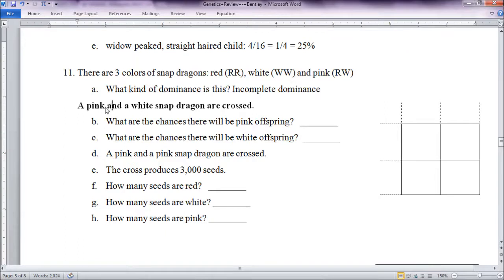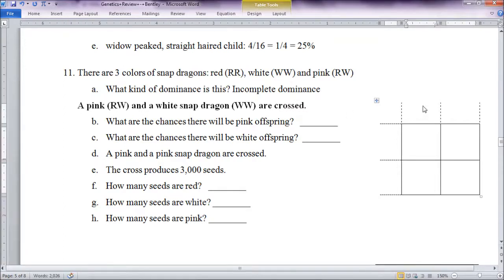So it says a pink, which would have to be capital R, capital W, and white Snapdragon. So it is white, capital W, capital W are crossed. So this is one of those rare cases where the letters will be different.